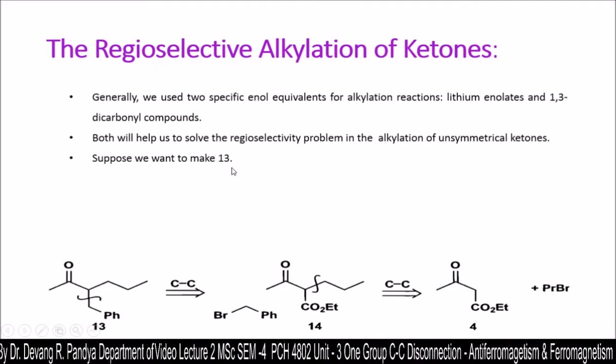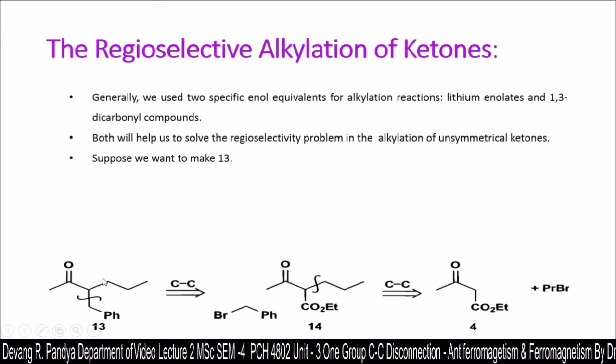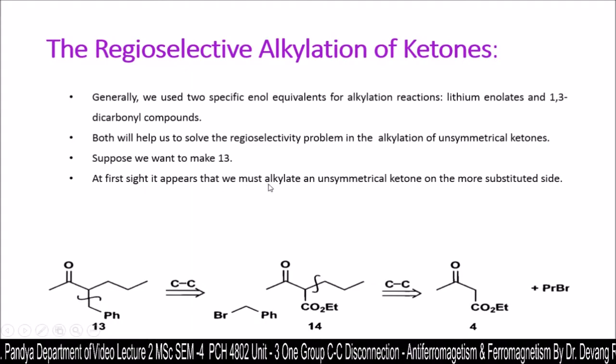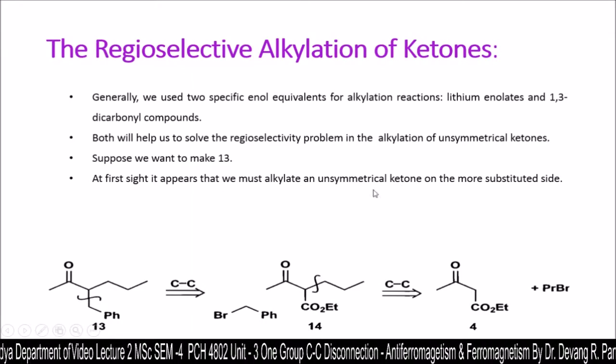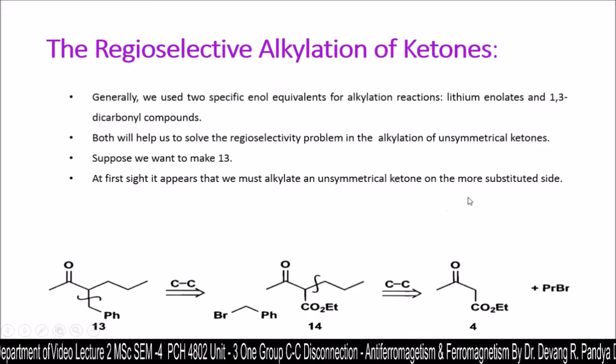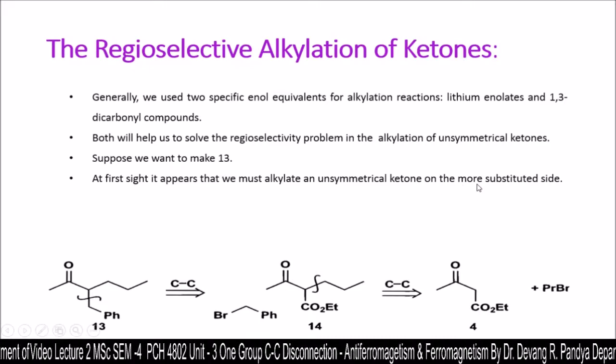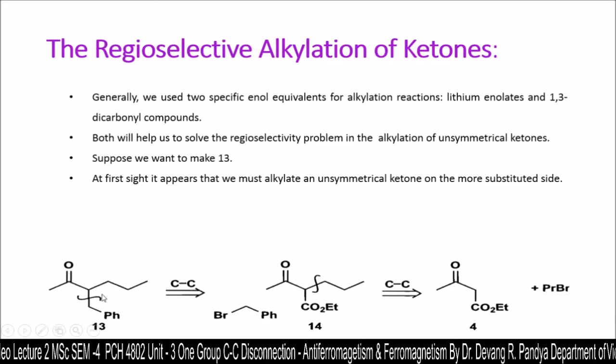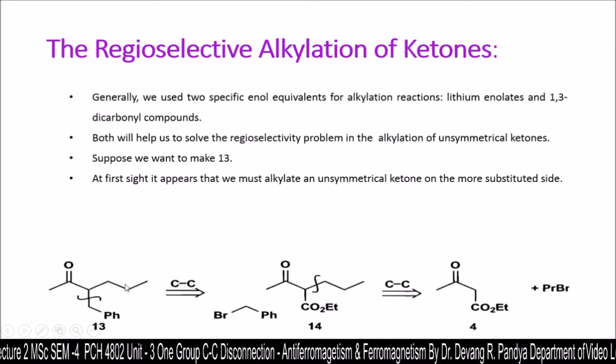Suppose we want to make structure 13, this one. At first sight, it appears that we must alkylate the unsymmetrical ketone on the more substituted side, where more branching would be there, that side it should be alkylated.